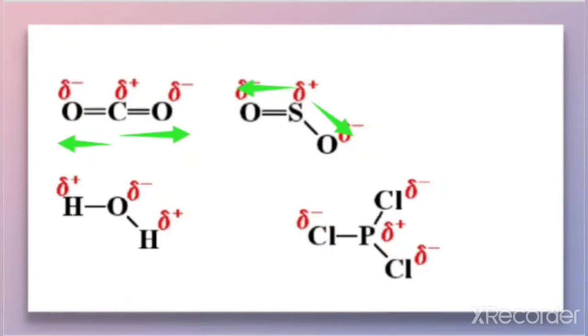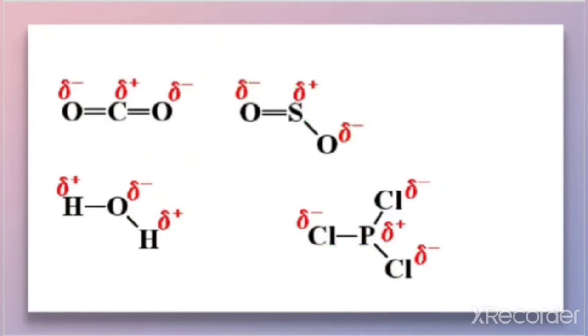In the case of PCl3, it will be towards chlorine in this way. And don't forget to keep the tail aligned like this. So this is the correct way of representing the bond dipoles for different molecules.